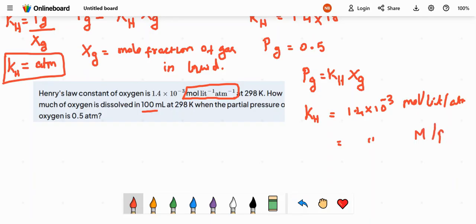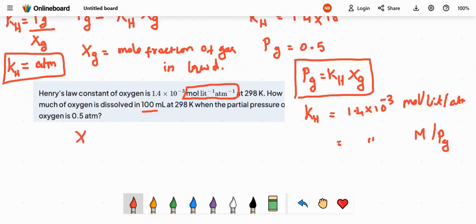The pressure we are going to use here is the partial pressure of the gas. So instead of Henry's constant in the usual form, they have given molarity per partial pressure of the gas. So we have to modify this formula in terms of molarity and the partial pressure of the gas. Shall we do that? Look at this.